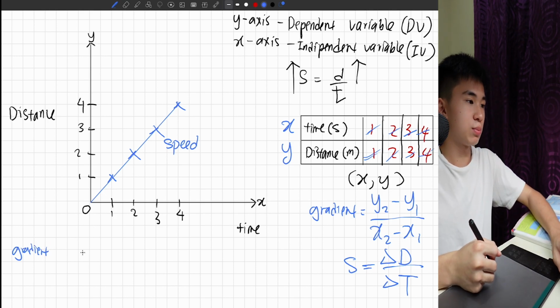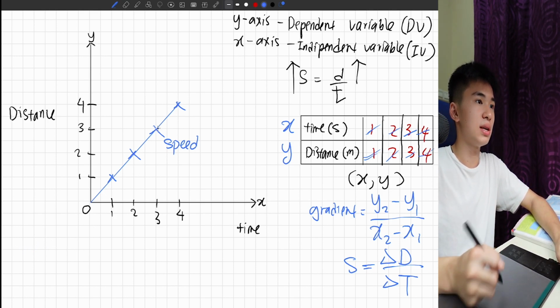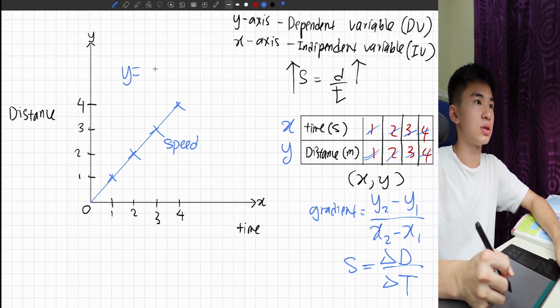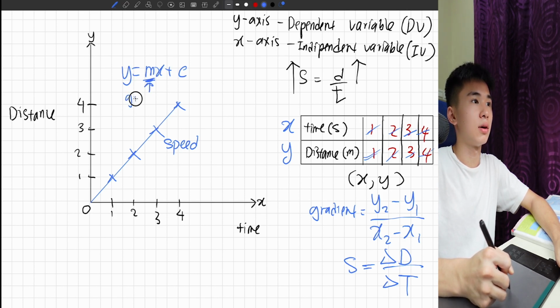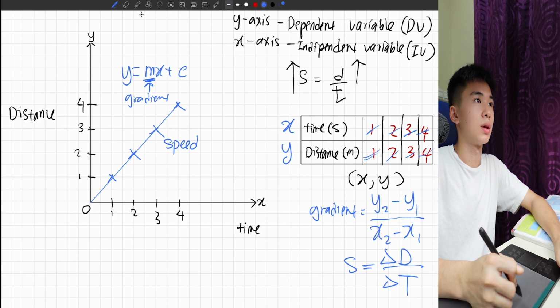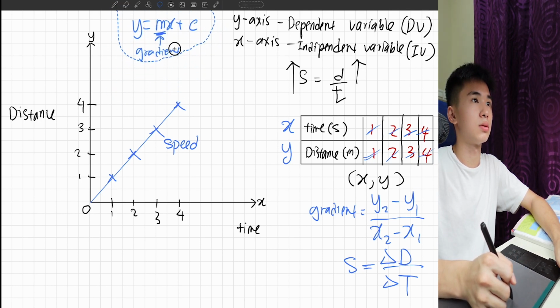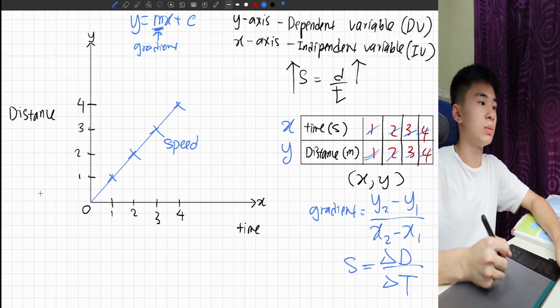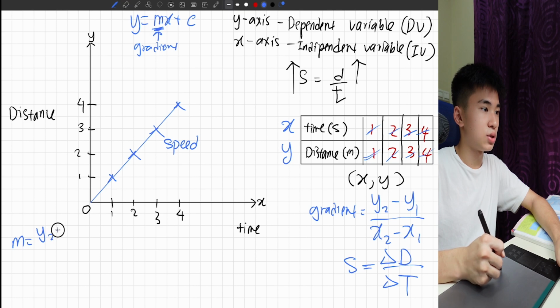I will just put m, because this straight line graph is actually y equals mx plus c, where m is the gradient. So m equals y2 minus y1 over x2 minus x1, okay?